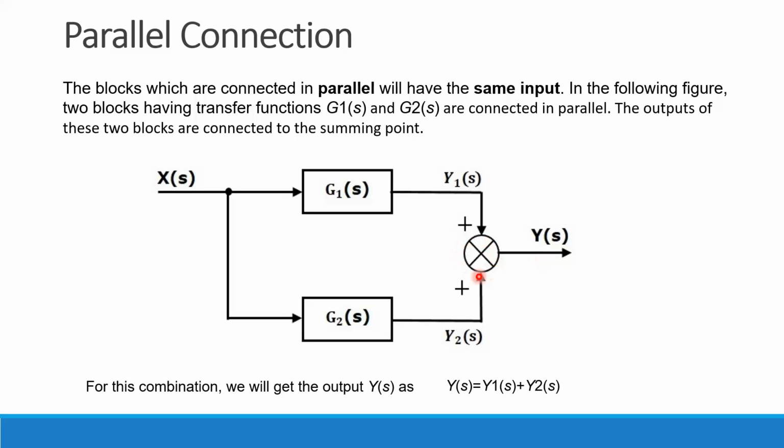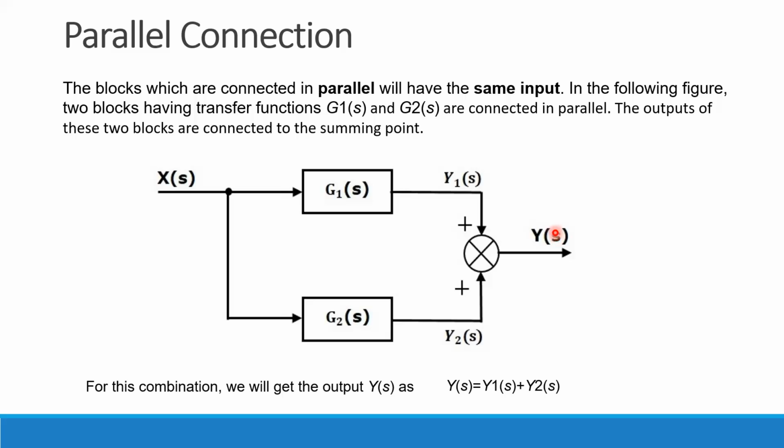So this is a summing point. All of you know that a summing point is represented by a circle with a cross in it. Both Y1 and Y2 are coming into it, and Y of S is going out of it.